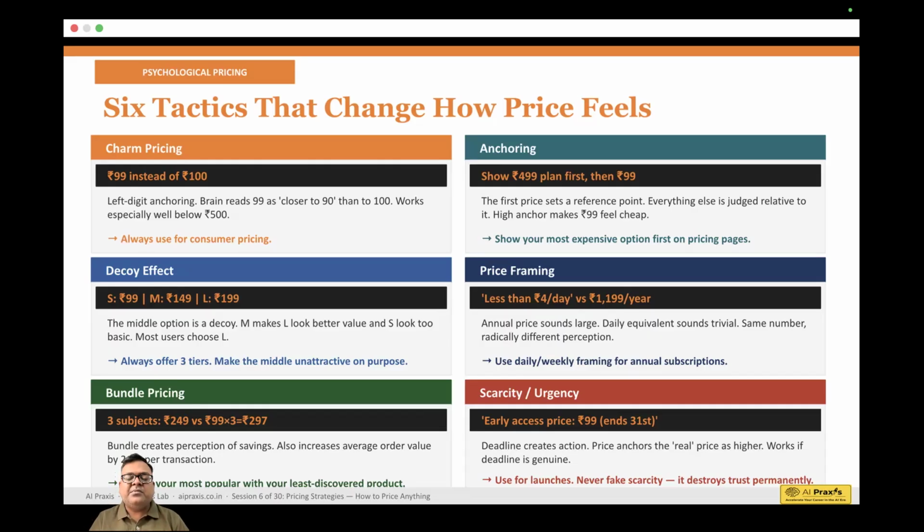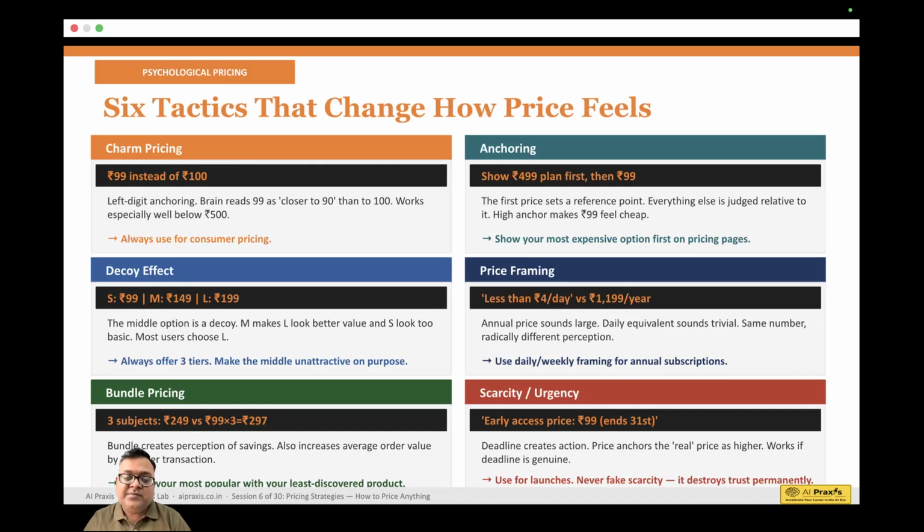A very high premium phone, and then the price looks very affordable, but it'll go away. So it's trying to create that urgency, the sense of scarcity. So: early access price 99 ends 31st. And it's very common. We have to do that. The deadline creates action. The price anchors the real price as higher. Works if the deadline is genuine.